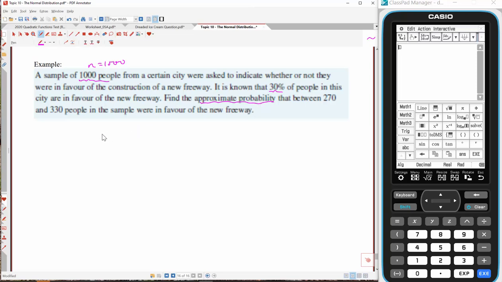All right, so here goes. I know that we've got a binomial distribution. The random variable is binomially distributed with a probability of success of 0.3 and 1,000 trials. That means my mean is 0.3 times 1,000, which is 300. And what we can do now is get the standard deviation.